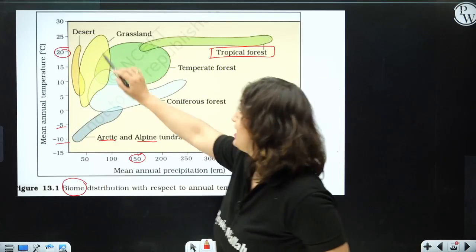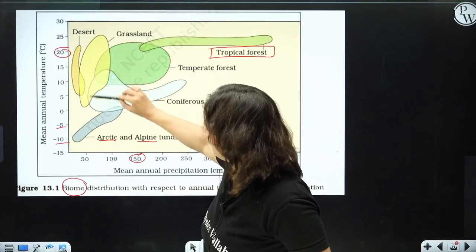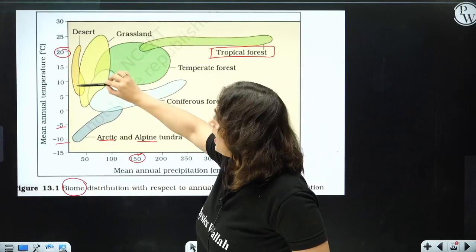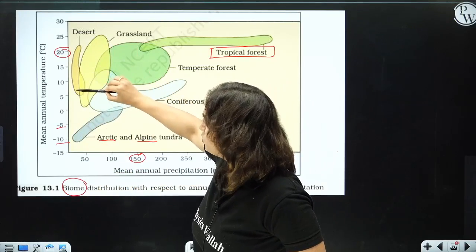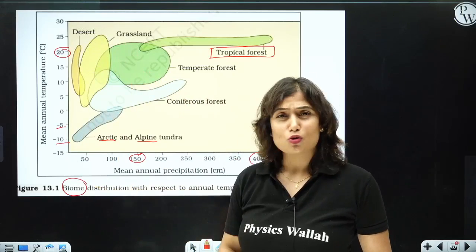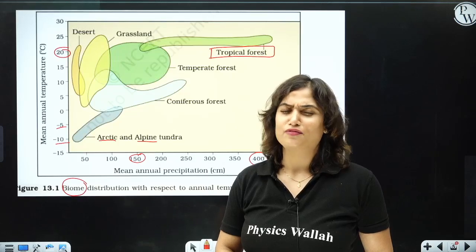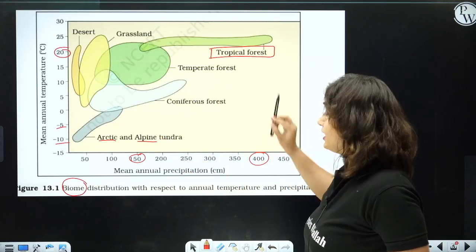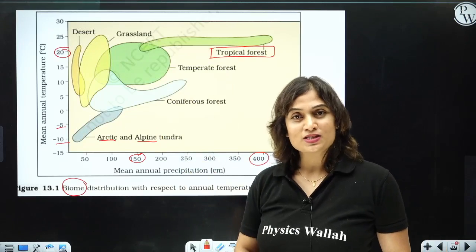Likewise, in the case of deserts, the mean annual precipitation is less than 50 centimeter and the average temperature lies between 5 to 20. Because the precipitation is so low, deserts also have very low productivity. So these are the different kinds of biomes given over here.